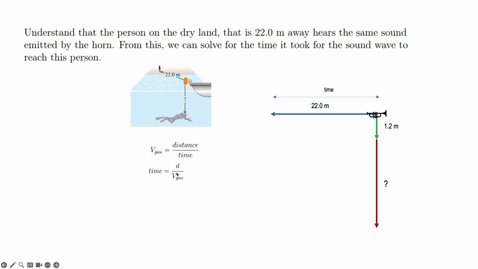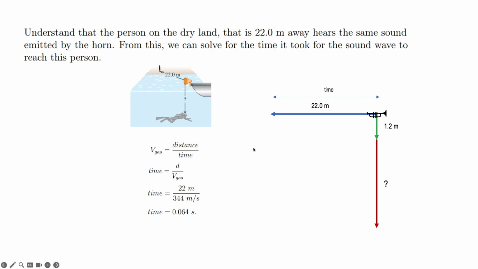Recall that previously we saw the velocity of sound in air is 344 meters per second at this temperature. So we are dealing with 20 degrees Celsius. Now simply plugging in the values, the distance is 22 meters, the velocity is 344 meters per second. That will give you a time of 0.064 seconds.